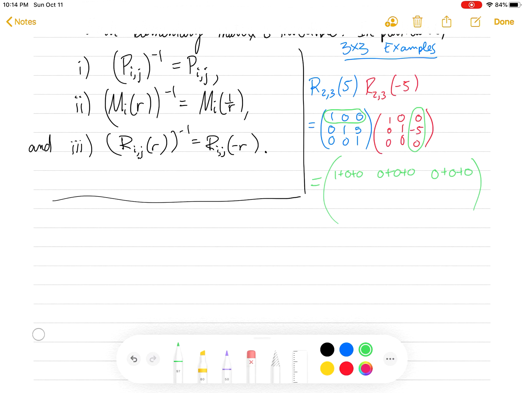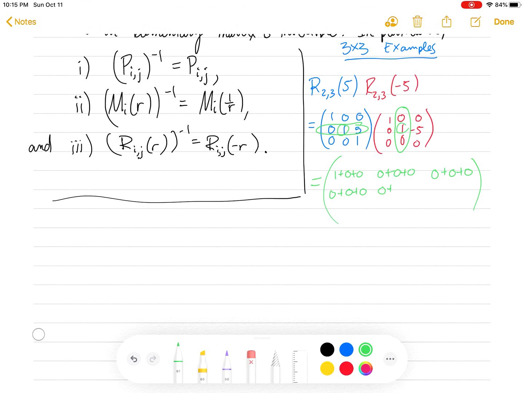Ooh, I lost something. Don't ever lose anything. First row, third column is what? 0 plus 0 plus 0. First row done. Second row, dot products.